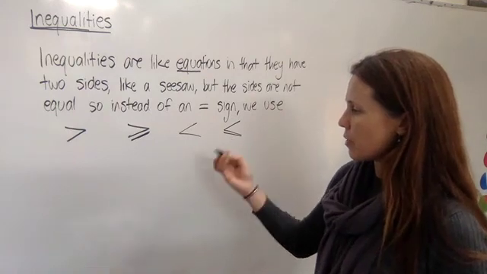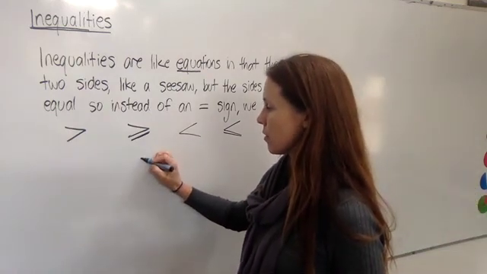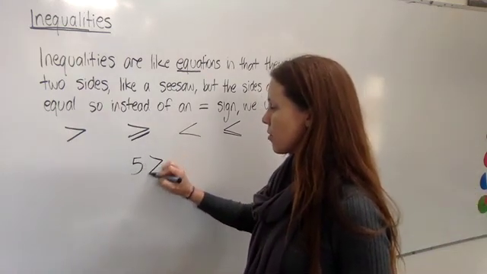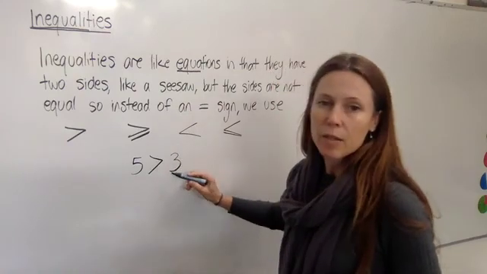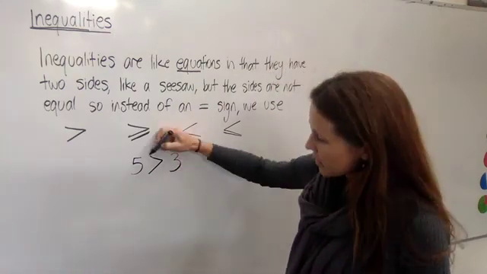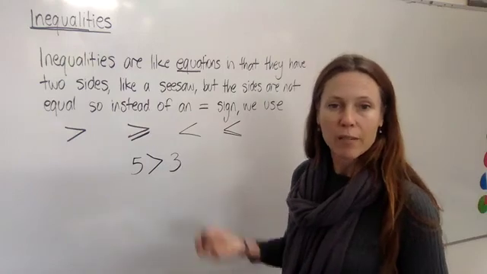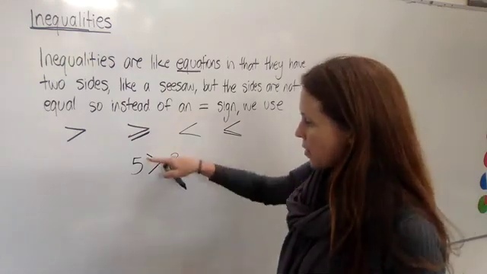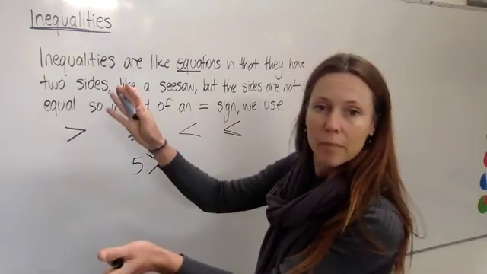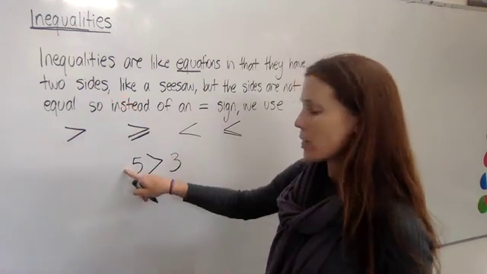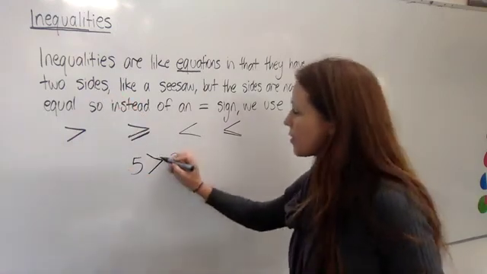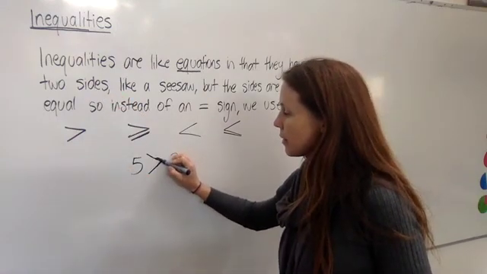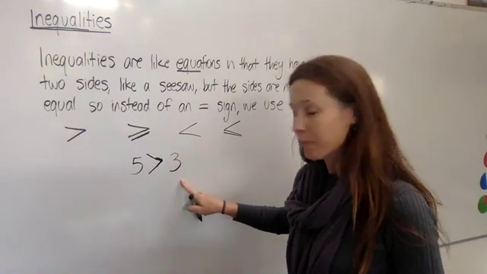So let me explain. If we say that, say 5 is greater than 3, the easiest way of understanding this sign is to say that 5 is the bigger thing. We know that 5 is bigger than 3. And so the bigger side of this sign, the side that flares out, points to the larger thing. And the small pointy side, the little side, points to the little thing.